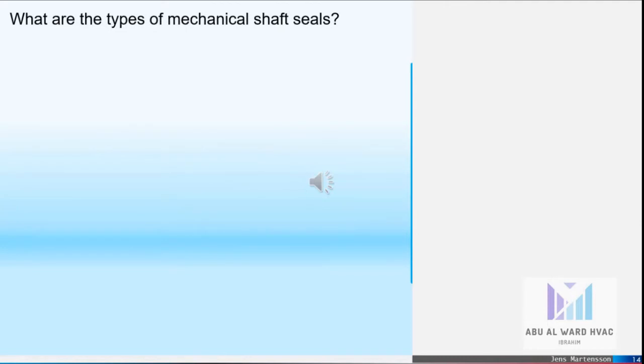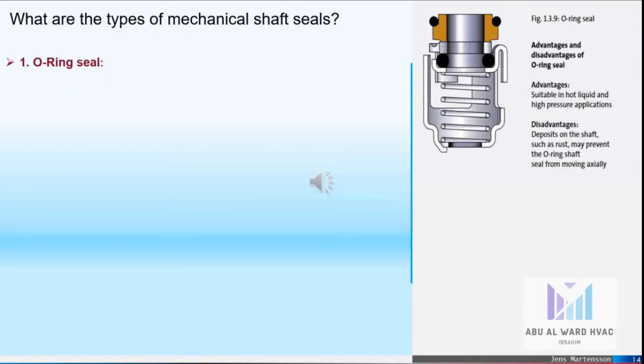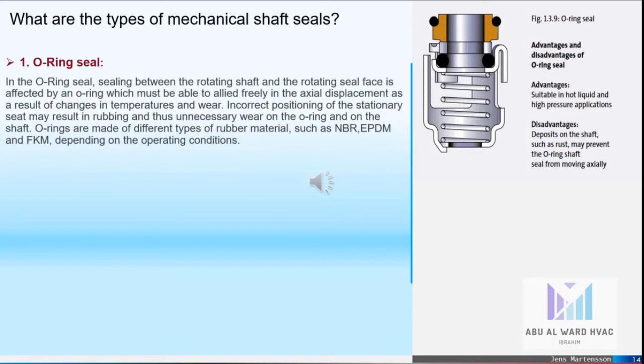What are the types of mechanical shaft seals? First, the O-ring seal. In the O-ring seal, sealing between the rotating shaft and the rotating seal face is effected by an O-ring, which must be able to slide freely in the axial direction as a result of changes in temperature and wear.